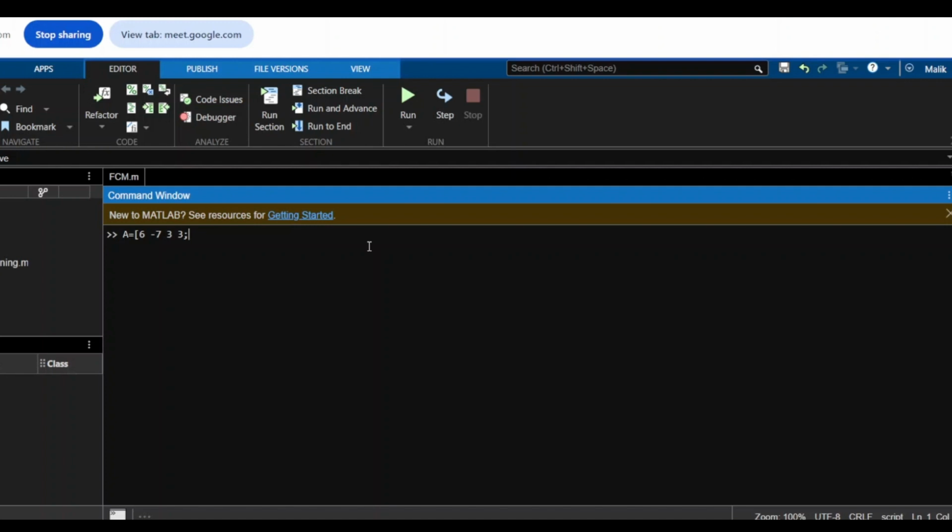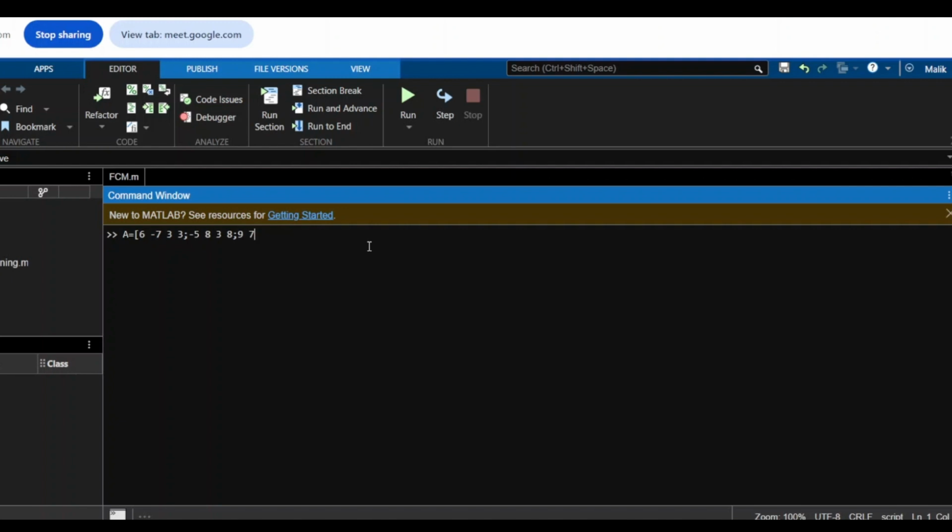The second row is minus 5, minus 7, minus 3, minus 5, 8, 3, 8. The third row is 9.